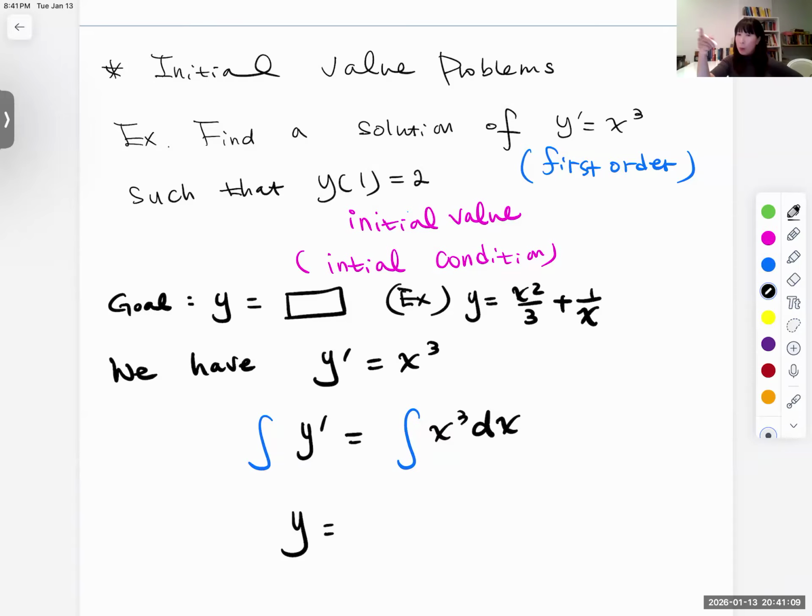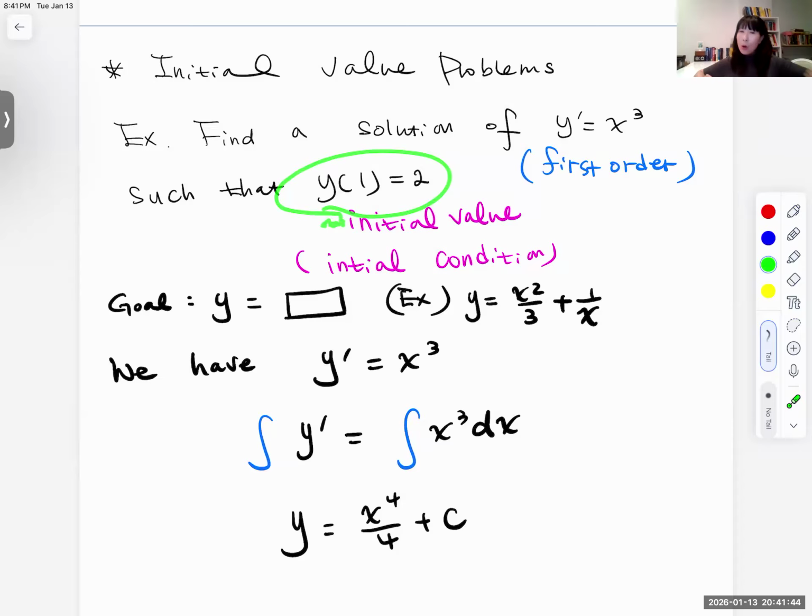We add 1 to the power, divide by the new power, so that will be x to the fourth power over 4 plus c. In that case, we need to find that constant, as we had earlier. Find the k such that, and so on, right? So we had a warm up earlier, so we can find such a c by using the given information.